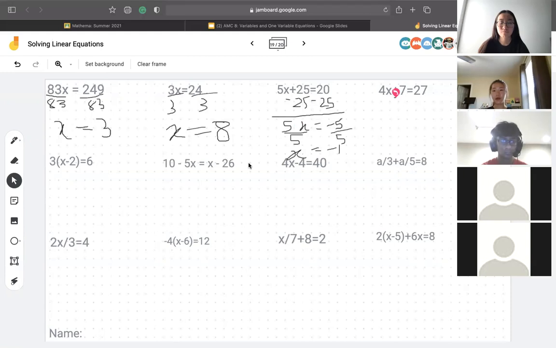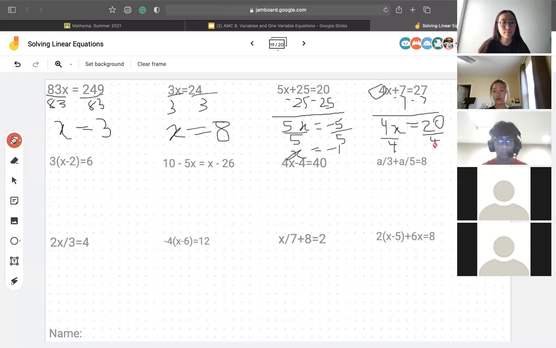Whenever you have the variable multiplied by a coefficient, and then also a constant at the end, it's easier to get rid of the constant first. So that gives us 4x is equal to 20. Then divide both sides by 4, which gets us x equals 5.